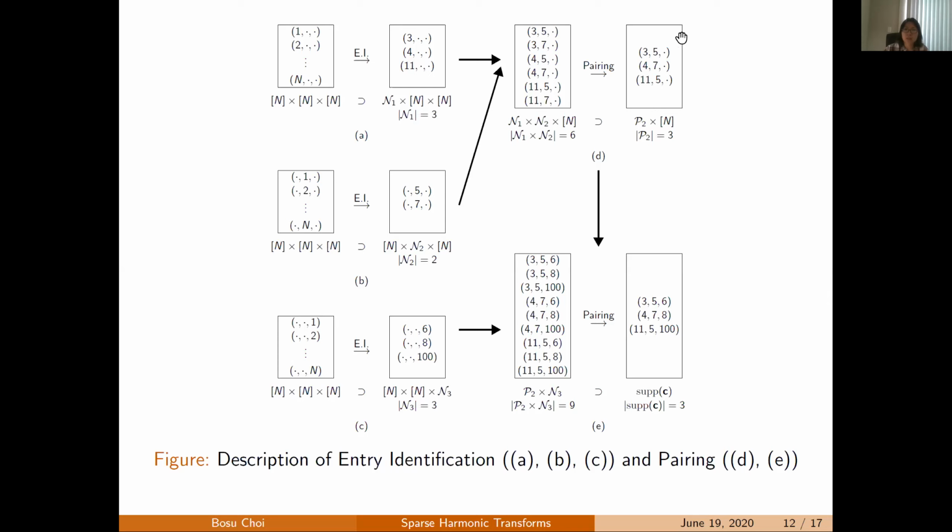Then we call this set P2. And then we take the Cartesian product of P2 and N3. Then again, we have 9 possible index vectors. And then we do the energy estimation corresponding to these index vectors and choose the top 3. Then you will get the desired support of C. So this is an example of our support identification.